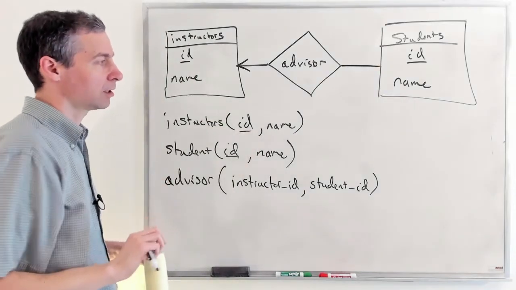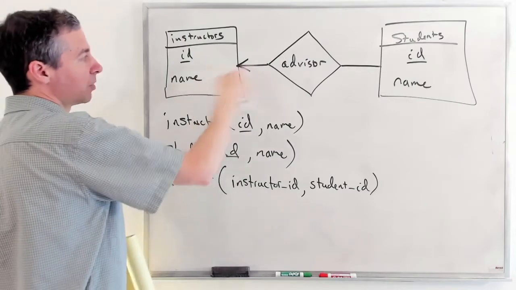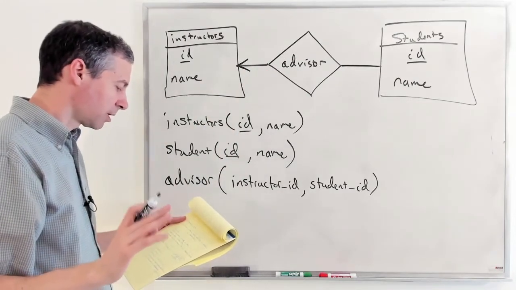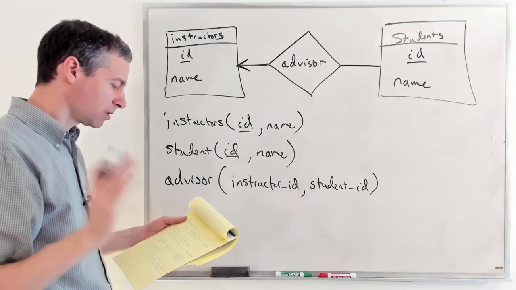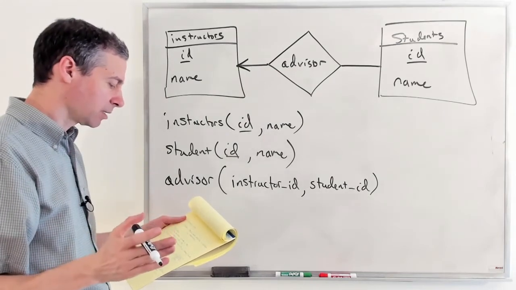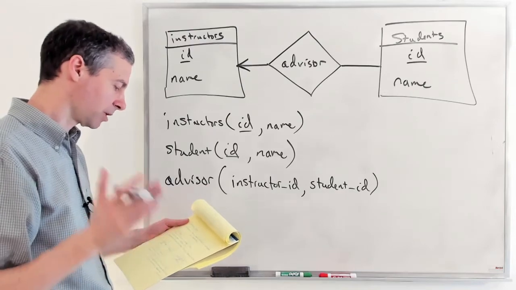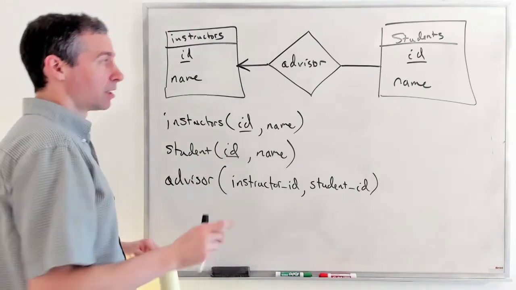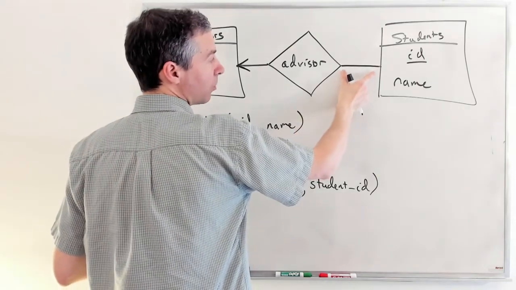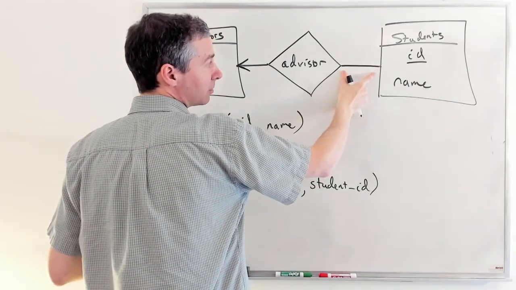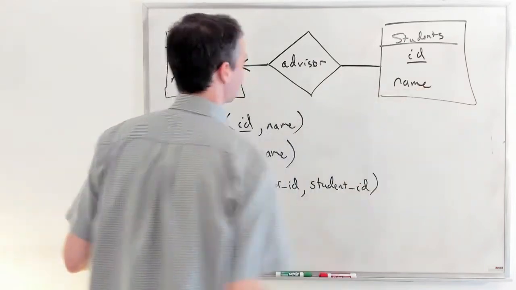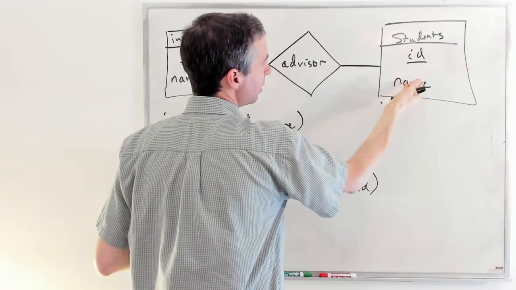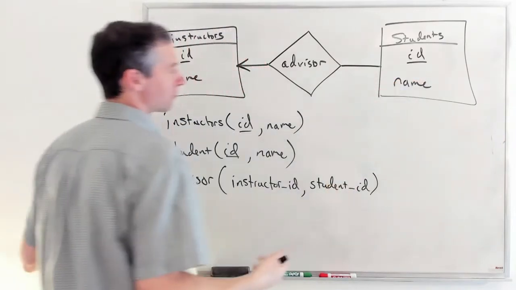Okay. So yes, the one to many. All right. So if it's a one to many, we always need to know what is the many side, and that one becomes the primary key. Well, this is easy from the diagram side because the one without the arrow is the many side. Because we take from one instructor goes to many students.